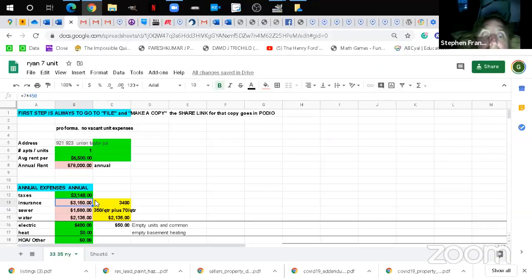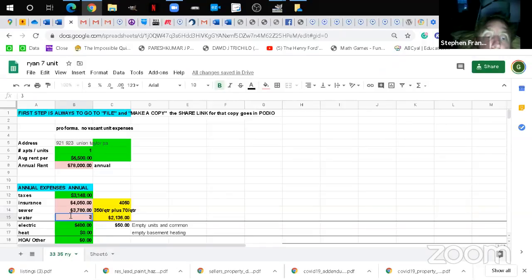Insurance should be that. Gotta check the spreadsheet while it's not bouncing. Sewer probably becomes higher.